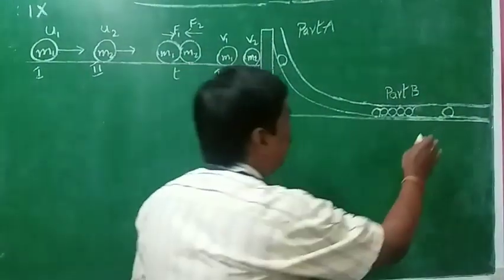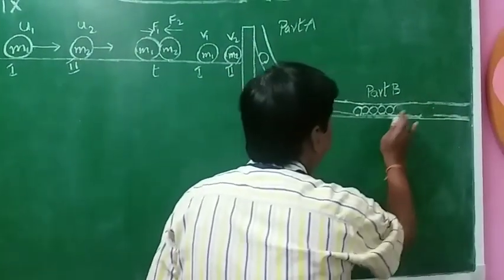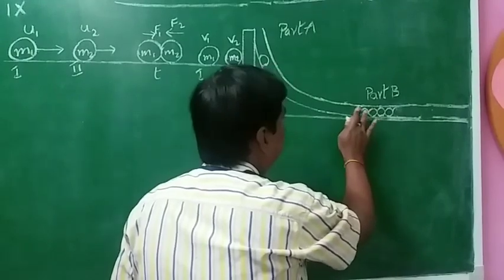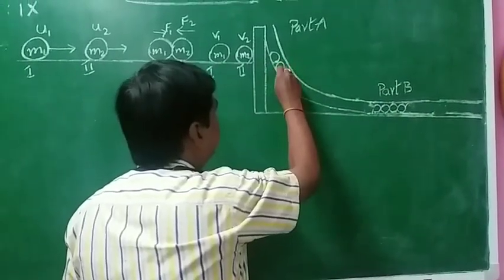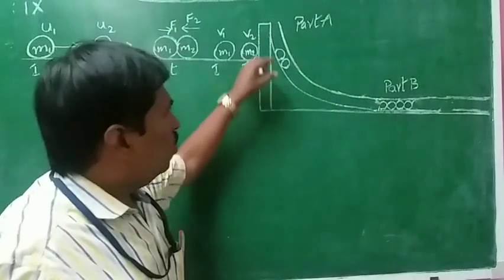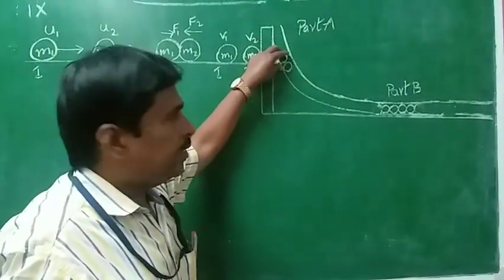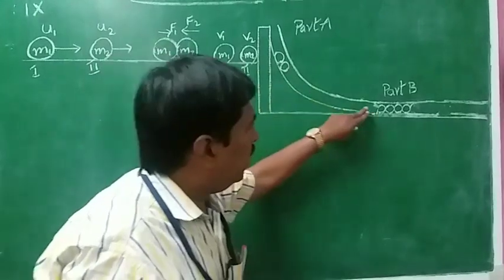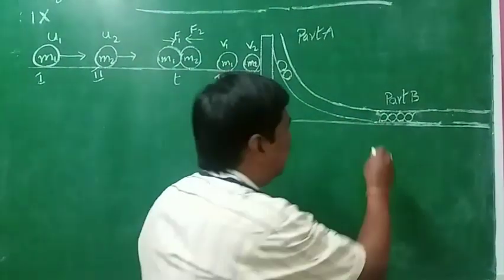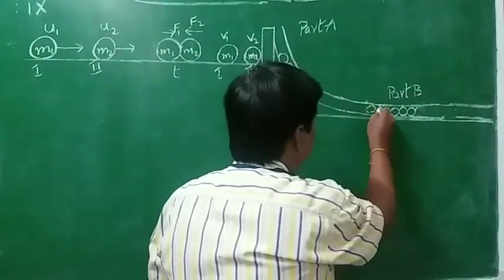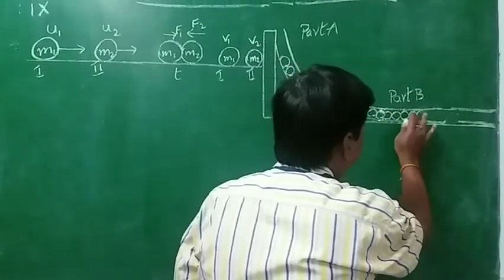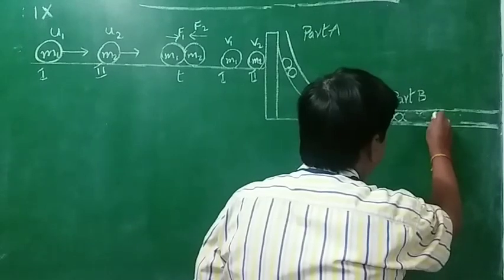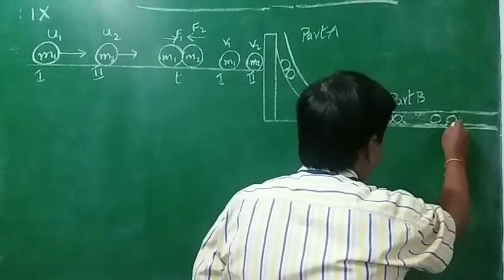Similarly, in part B you take 4 marbles, and in part A you take 2 marbles. Whenever you leave them, these 2 marbles will go and collide with these 4 marbles. Then the 2 marbles at the corner get displaced in this manner.